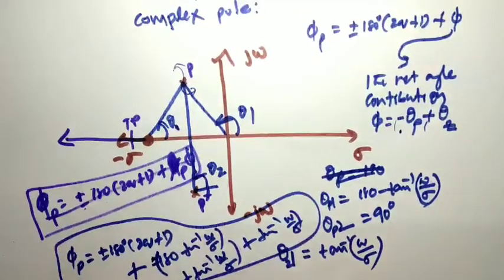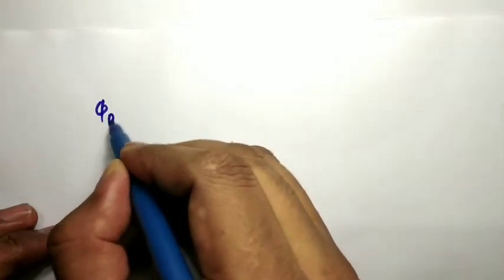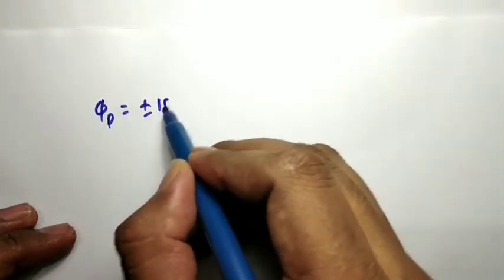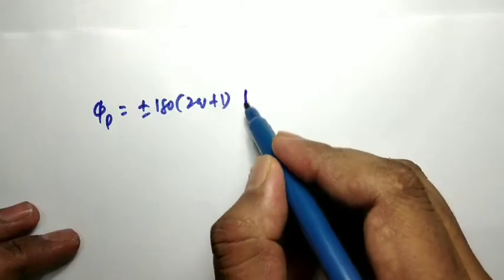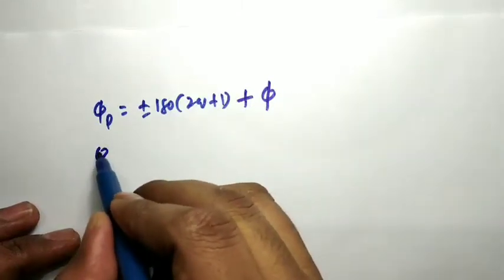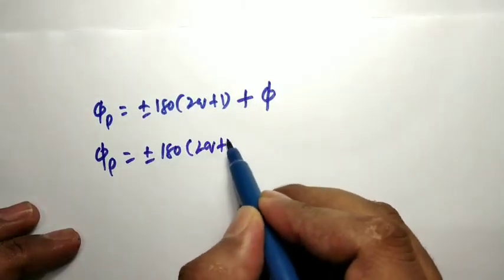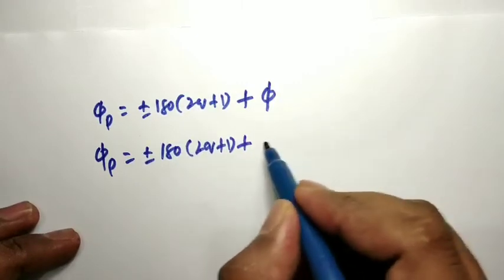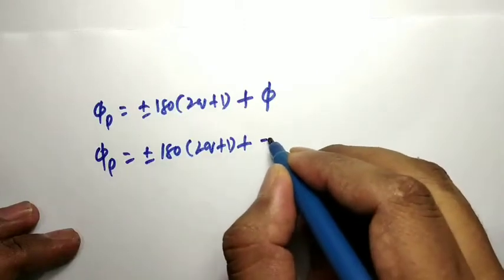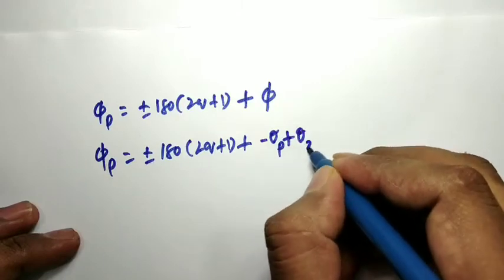I will write another sheet so that you can easily understand how I am going to write this one. Phi p is equal to plus or minus 180 (2q plus 1). This is the net angle contribution. So phi here is equal to minus theta p plus theta z.